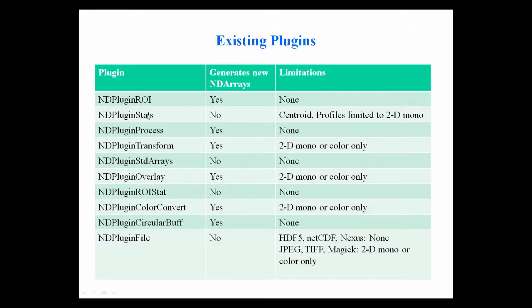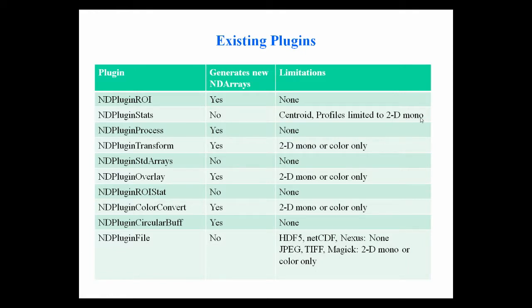The statistics plugin is only a consumer of ND arrays, so it doesn't generate new ones. It's written to be as general as I could make it, but some of the functions are limited to two-dimensional mono data.